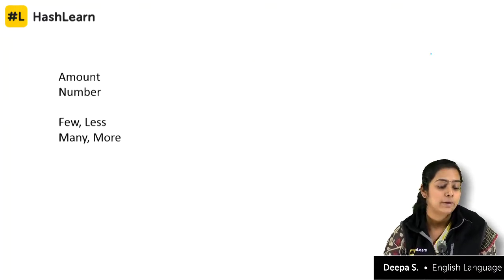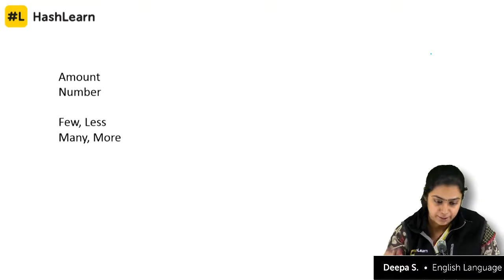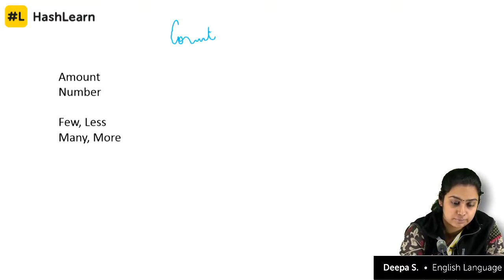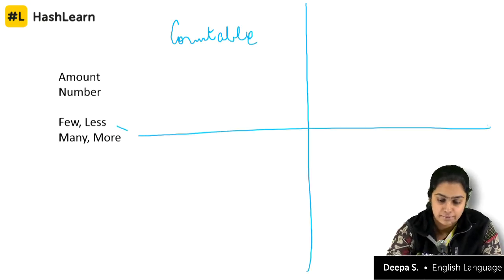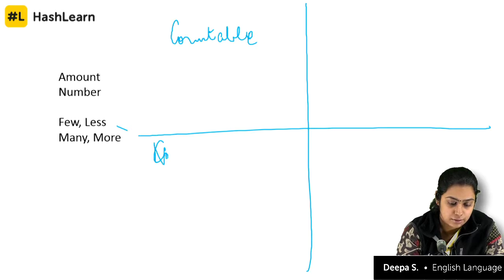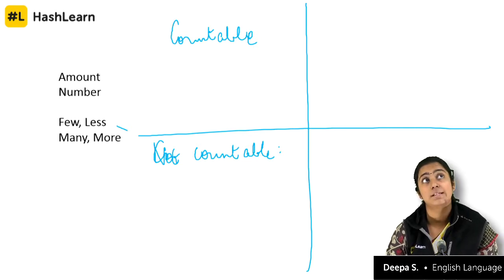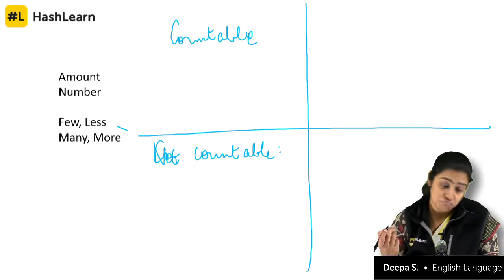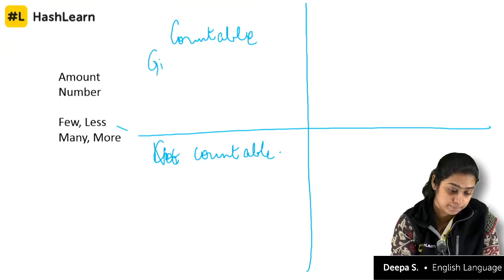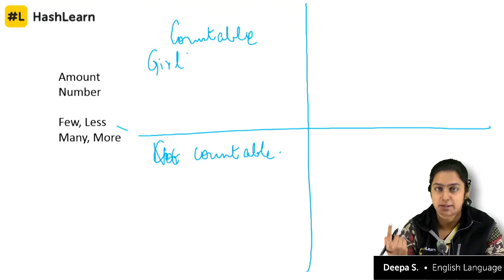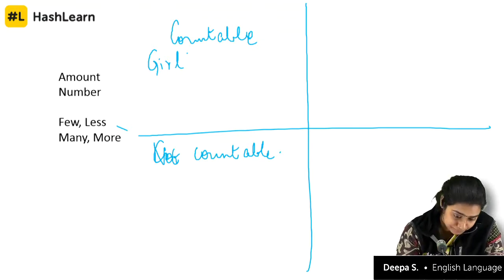Next, we look at number versus amount. Okay. Now there are some nouns that are countable. And then there are others that are not countable. Okay. Let's look at girl. Girl, one countable, one girl, two girls, three girls. Okay.